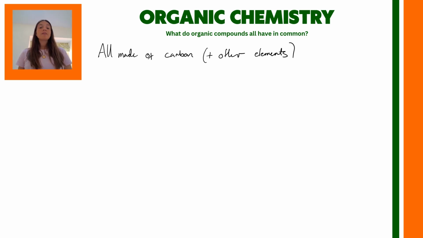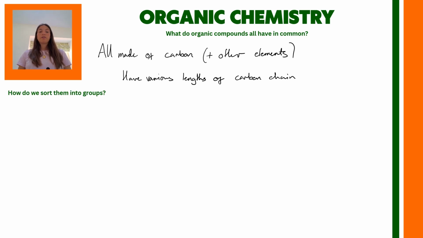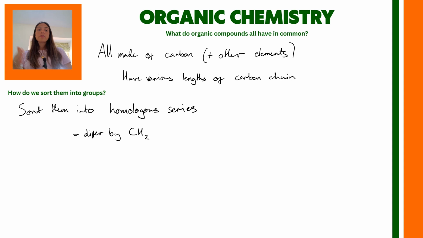And we've already seen with our hydrocarbons an example of an organic compound. They have various lengths of these carbon chains, and we can sort them into groups. So we sort them into homologous series. And within one particular series, you'll have these different carbon chains that differ by this unit of CH2.